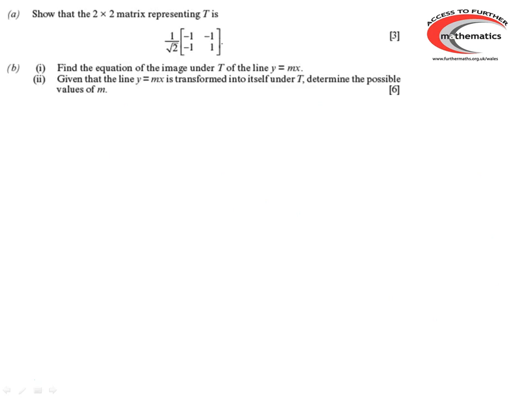Moving on to the second part of the question, we have to find now the equation of the image under T of the line y equals mx. Now, a typical point on the line y equals mx might have an x-coordinate of alpha and a y-coordinate of m times alpha.